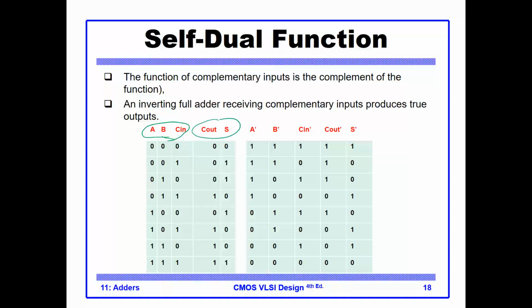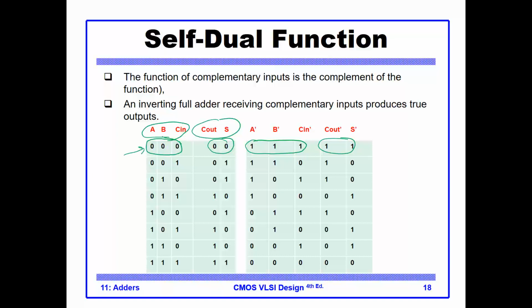These are the outputs. The self-dual function is defined as follows: if you invert the inputs, your output will be inverted. Well, let's check that. 0, 0, 0. Let's invert them: 1, 1, 1. So are the outputs inverted? 1, 1, yes. So if I invert the inputs, the outputs will be inverted.